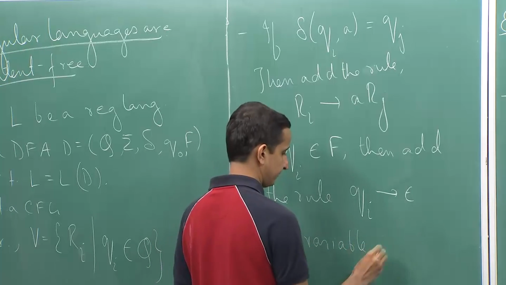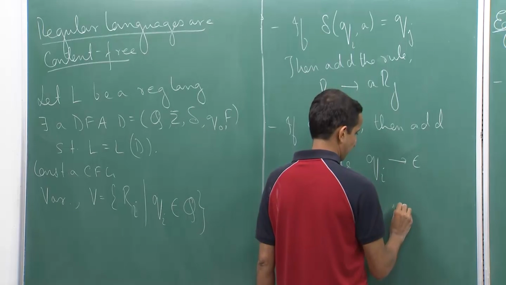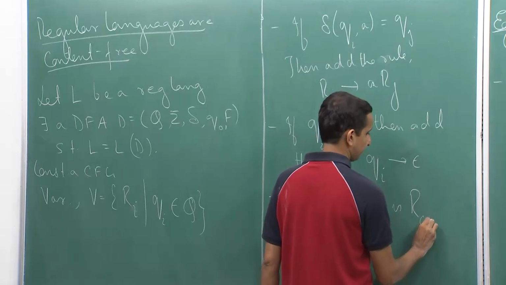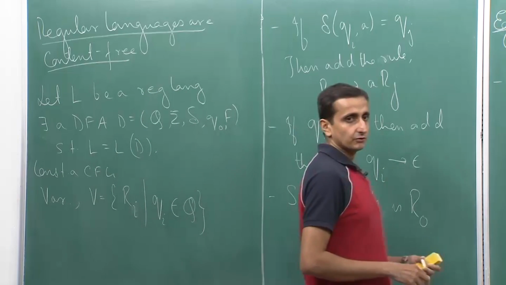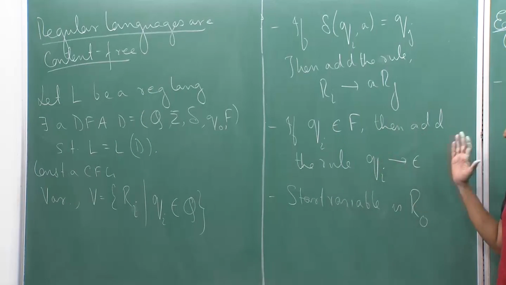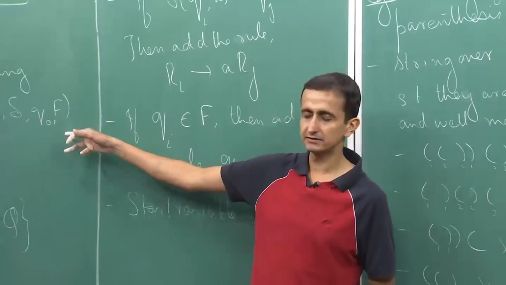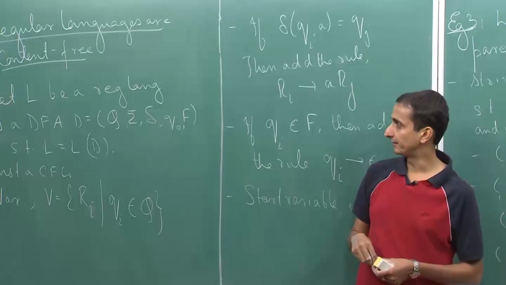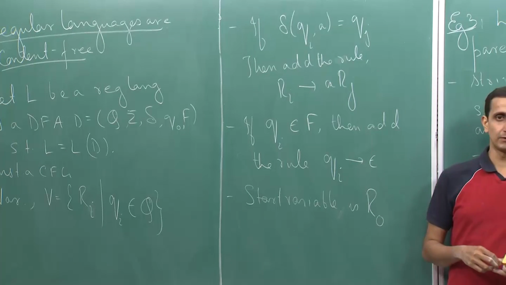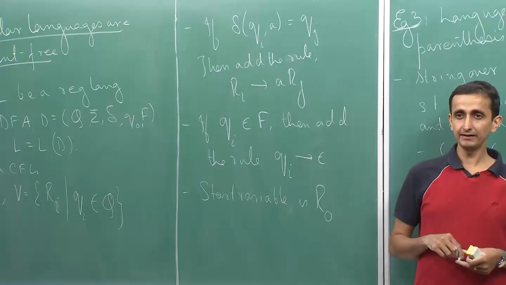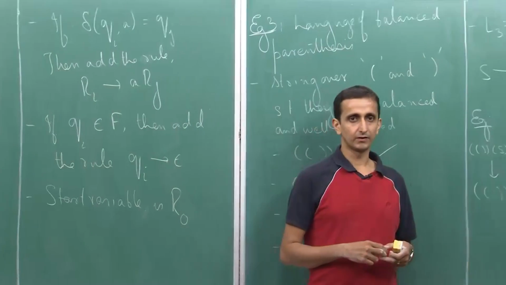And the start variable is the variable corresponding to the start state, which is R0. Okay. So, this context free grammar accepts the same language as this DFA, okay, which shows that regular languages are a subset. I will not again go into the proof of why this accepts it correctly, but I will just stop with the construction. Okay. Thank you.